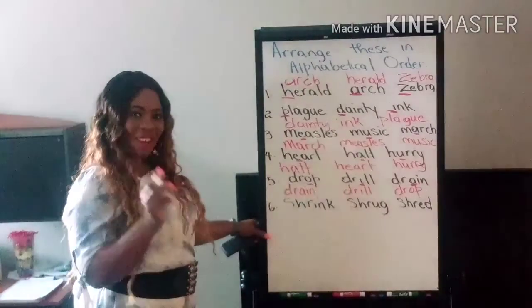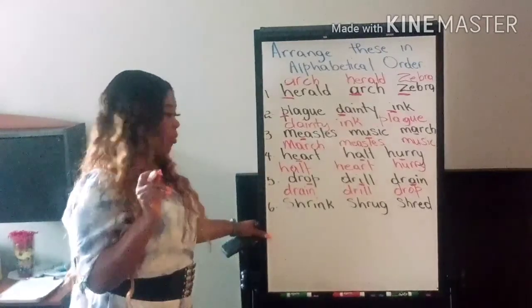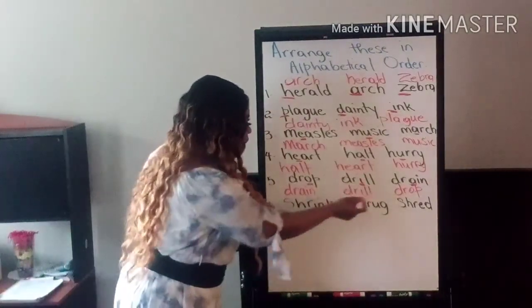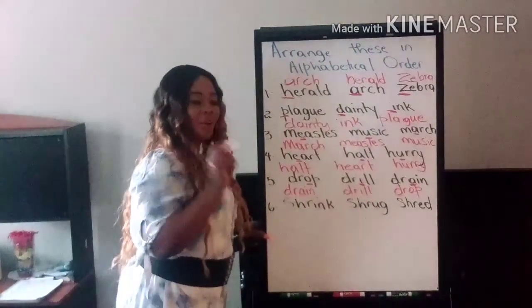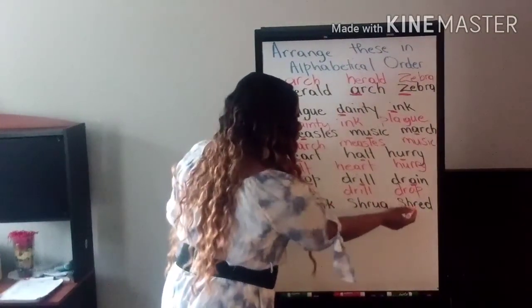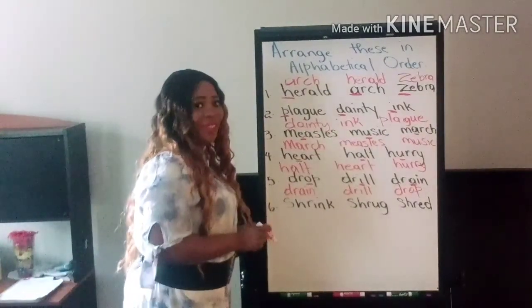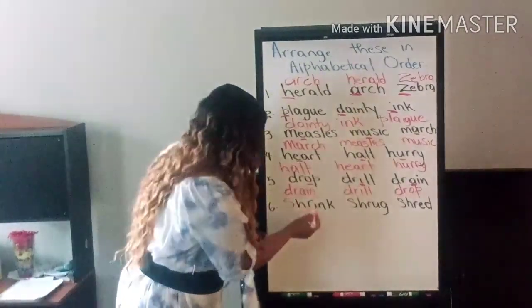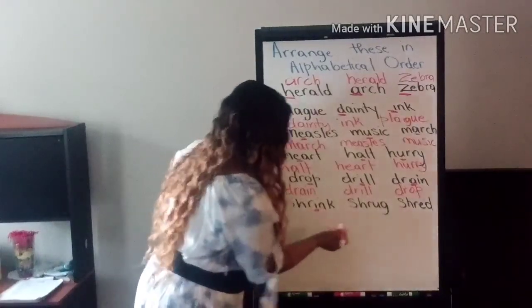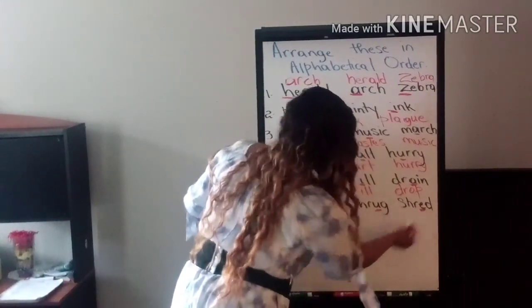Hoo-hoo! I know I would have given you a challenge. This one is the fourth letter. So all the three letters at the front are the same. Look, S-H-R, S-H-R, S-H-R. So we will go to the fourth letter. This is a challenge for you. So we have right here, fourth letter, right here, and right here, fourth letter.